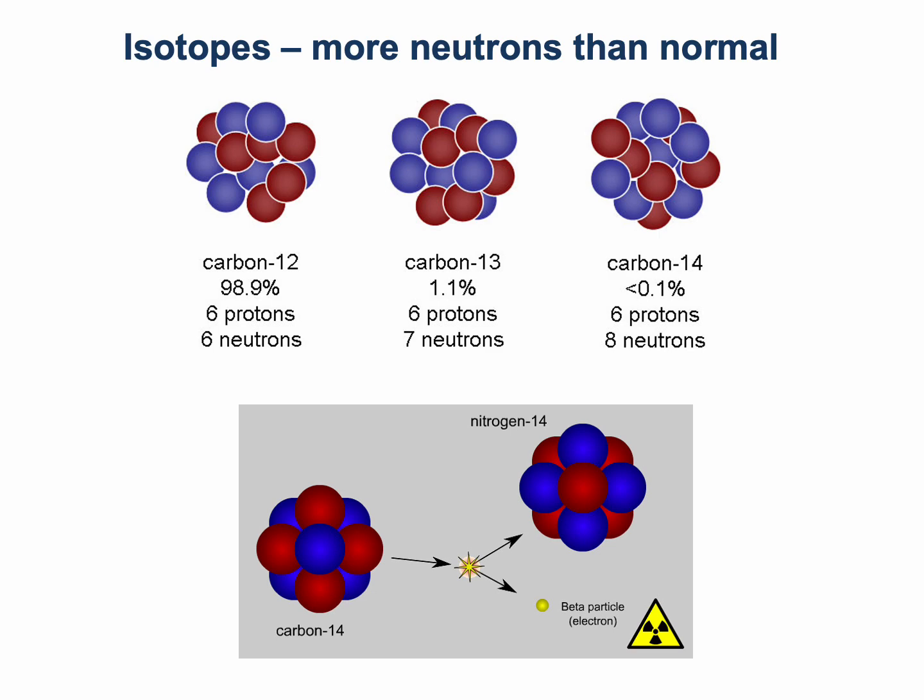For example, the normal carbon would be considered carbon-12, but a commonly used isotope of carbon, commonly used because it's used to radioactively date fossils, is carbon-14. Carbon-14 still has 6 protons, but it has 8 neutrons.